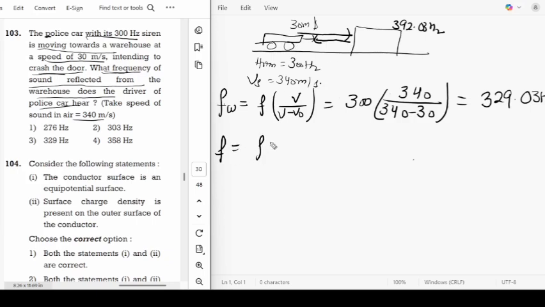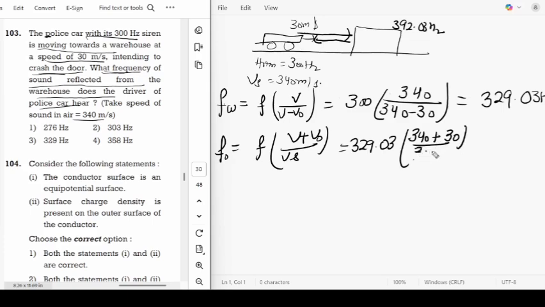So here we apply the formula f naught equals f times (v plus v naught) divided by v s. The frequency heard from the reflection is 332.903 hertz, 340 plus, with the warehouse moving toward the source, 30 divided by 340.